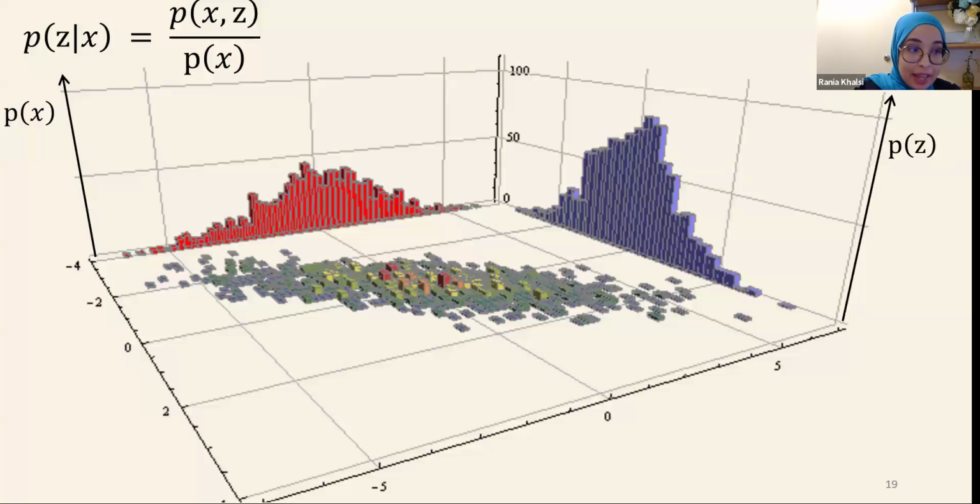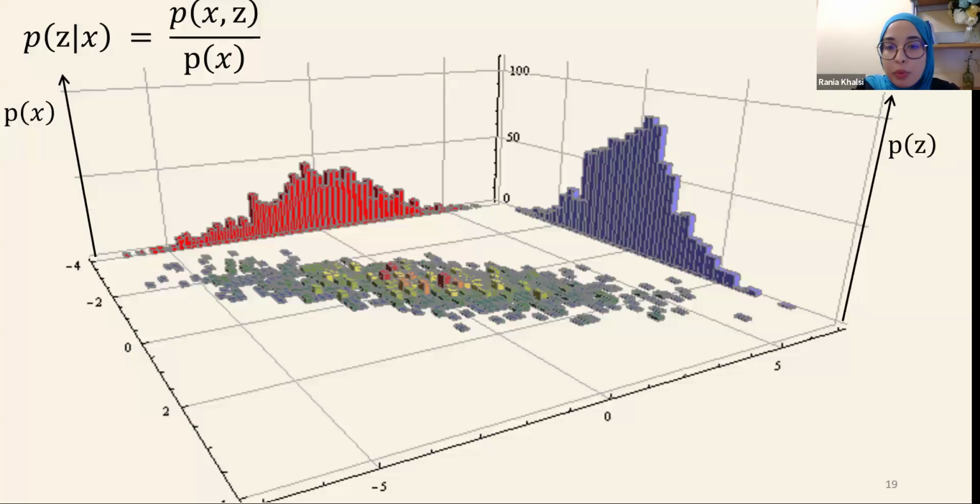p of z given x, the probability of z given x. So x is the given one, and this is why we divide by x here. Always learn it like that, as simple as this.